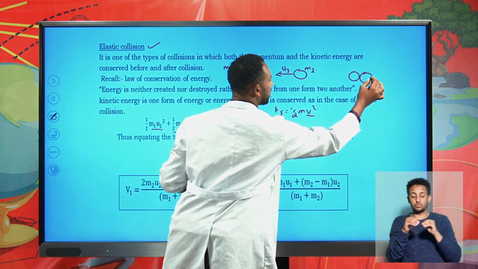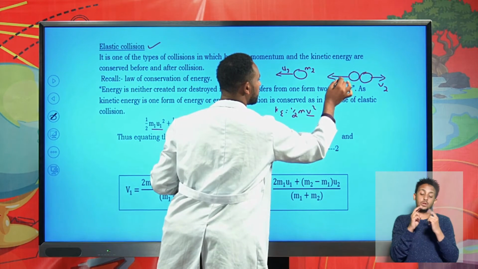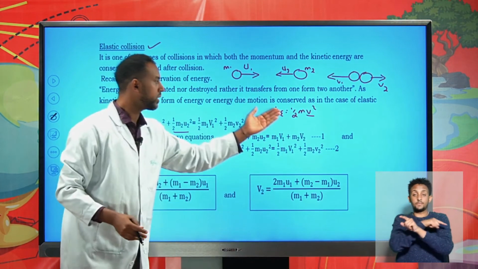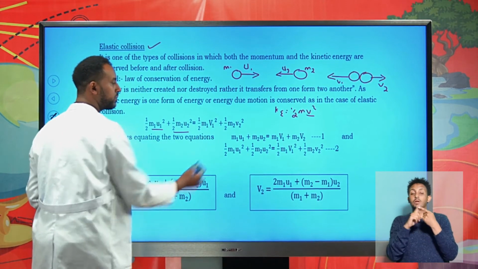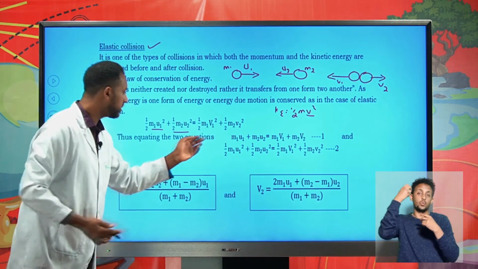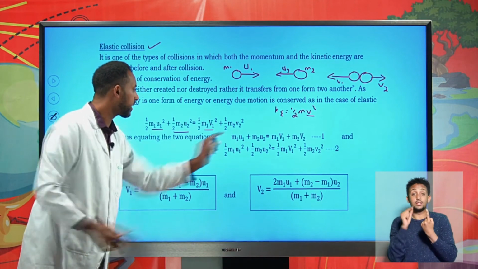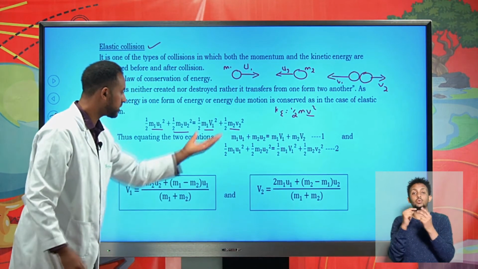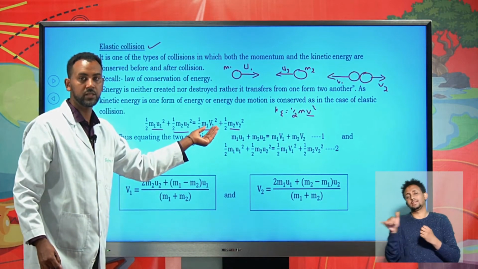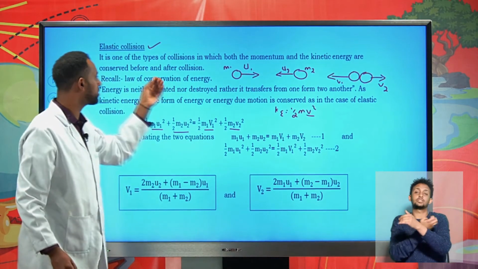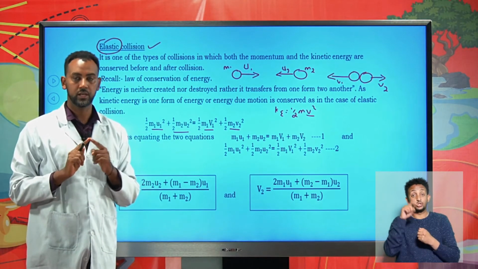Let's say it's a head-on collision, and the final velocity of mass 2 is v2 and of mass 1 is v1. Substituting, we have 1/2 m1 v1 squared plus 1/2 m2 v2 squared. This is the kinetic energy after collision of particle 1, and this is the kinetic energy of particle 2 after collision. So the summation of kinetic energy before collision always remains the same as the summation of kinetic energy after collision for elastic collision.